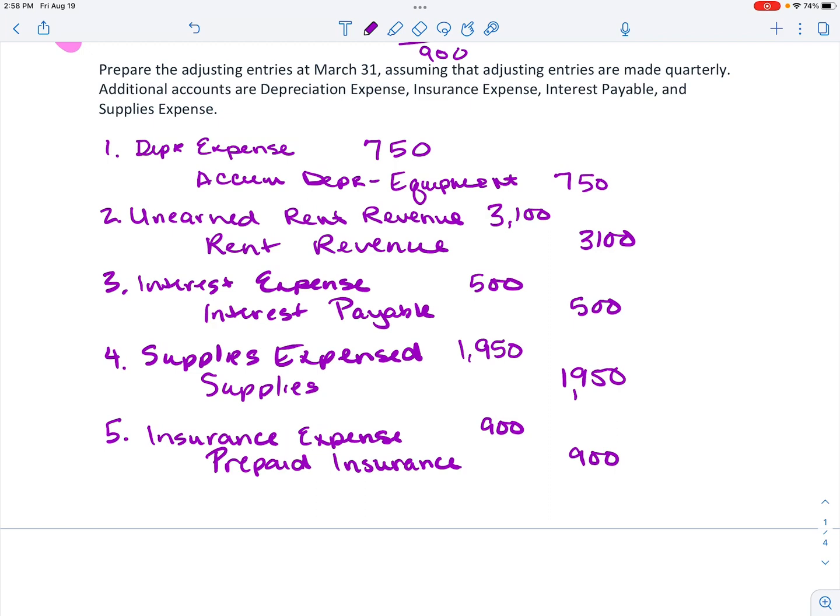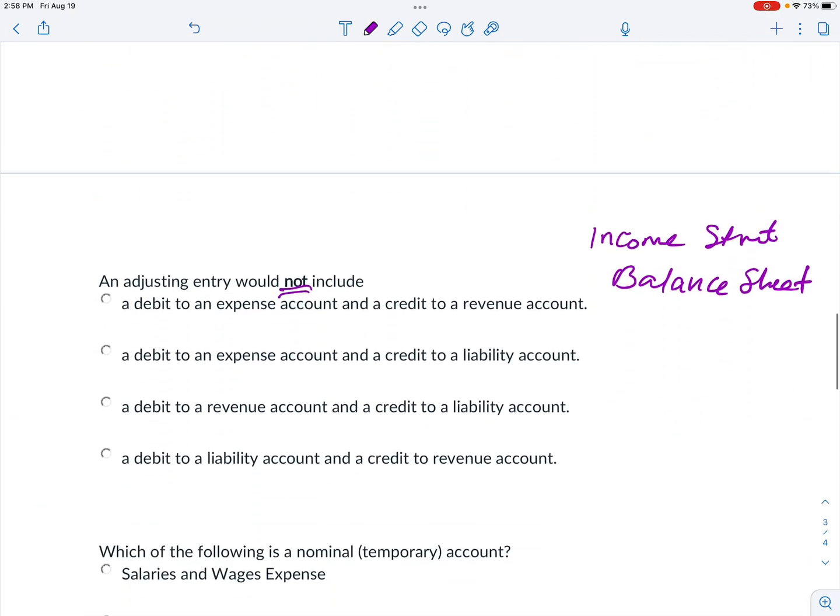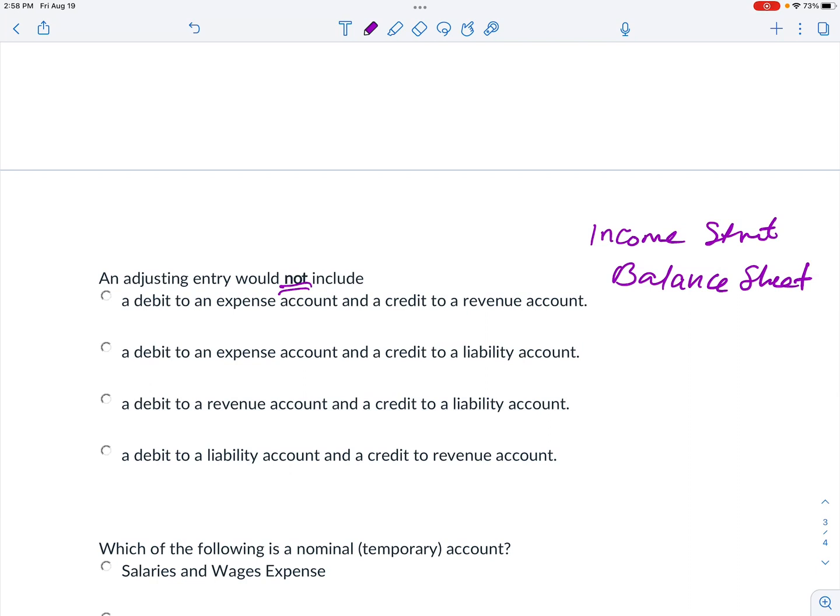So we always make sure we have one of each. That means there's no way I could have a debit to an expense account and a credit to a revenue account, because I need to make sure each one has an income statement account and a balance sheet account. You can go through the other ones too and notice that they're all one income statement account and one balance sheet account.